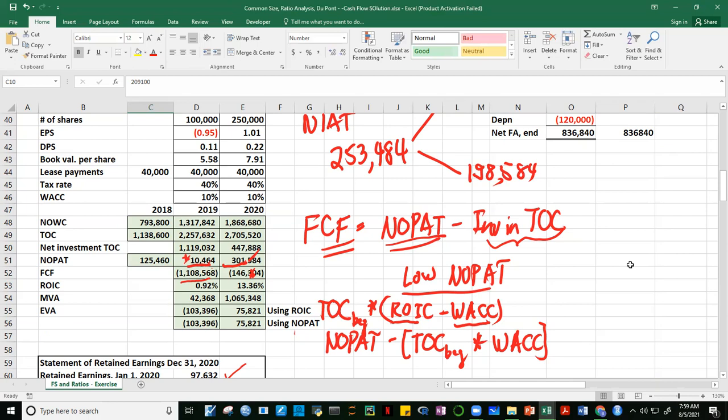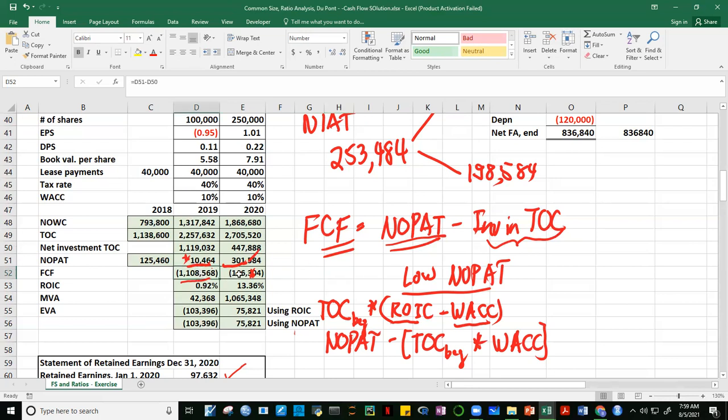A negative free cash flow, on the other hand, does not necessarily mean that it's bad because if the cause of the negative free cash flow is attributable to having a large investment in total operating capital, then that's good. Pero kung yung negative free cash flow is attributable to a very low NOPAT or a negative NOPAT, then pangit yung ganun. Okay, so I hope that's clear. Any questions about this concept of a negative free cash flow?